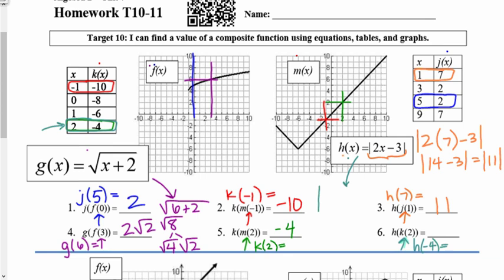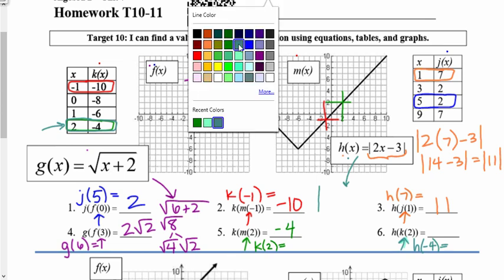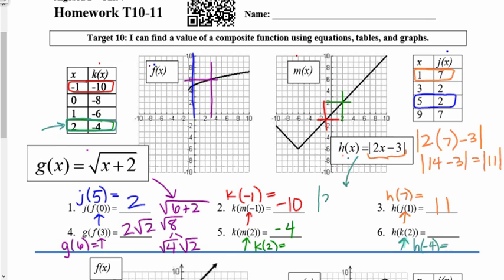So the absolute value of 2 times negative 4, minus 3, close absolute value, and I'll get negative 8 minus 3, which is the absolute value of negative 11, which is just positive 11.